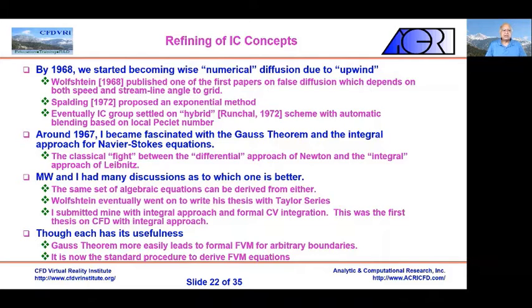In 68, we started becoming wise to the numerical diffusion or false diffusion due to the Upwind scheme. The Upwind scheme allows you to compute any Reynolds number flow, but it introduces a false diffusion, essentially lowering the effective Reynolds number. So Wolfstein published one of the first papers on false diffusion, which showed that the amount of numerical diffusion depends on both the speed of the flow and the angle of the flow line to the grid line.